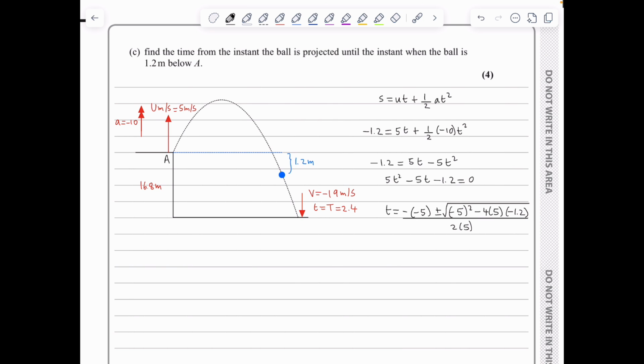Now the first solution we get is that t is equal to 1.2, or alternatively we get that t is equal to negative 0.2, which is obviously rejected because time can never be negative. So we say here reject, it's not valid, and we conclude that t is 1.2.